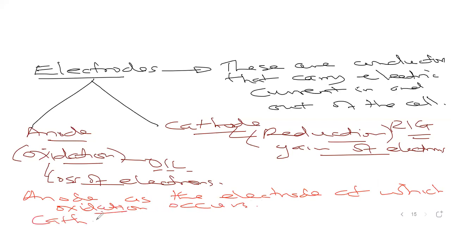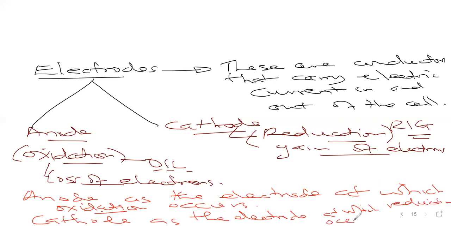And therefore the cathode as the electrode at which reduction occurs, or at which gain of electrons occurs. Are we together?